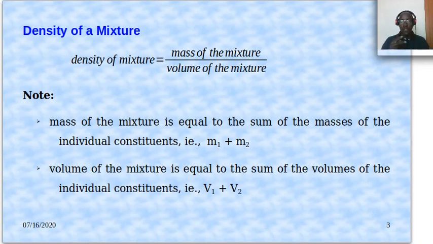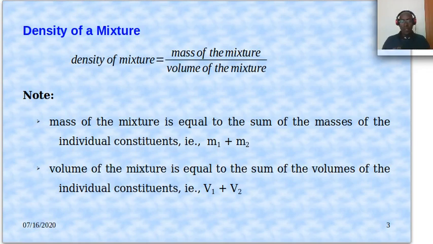Two important points to note here. The mass of the mixture is given by the sum of the masses of individual substances. So if we have two substances here, to get the mass of the mixture, you add the mass of substance 1 and the mass of substance 2.